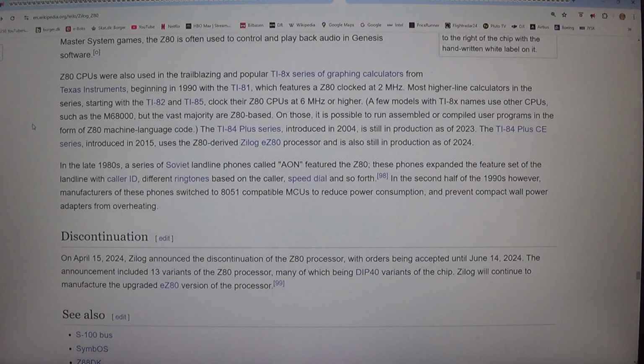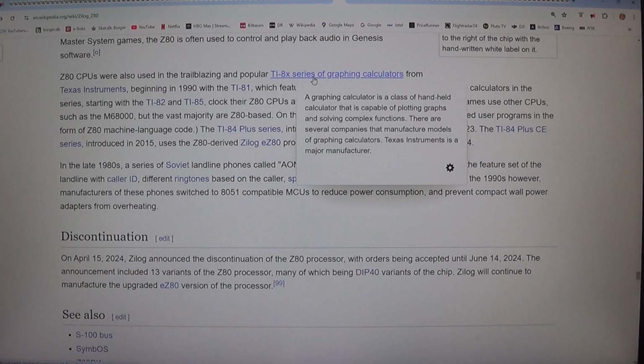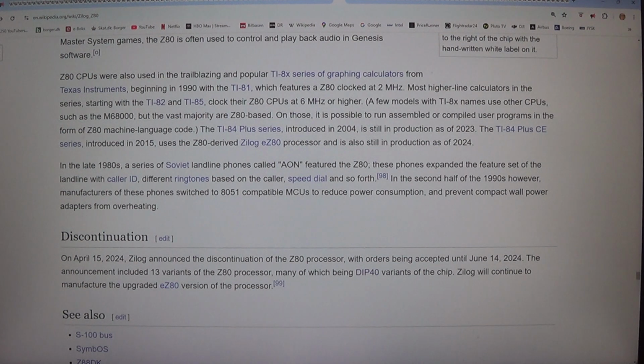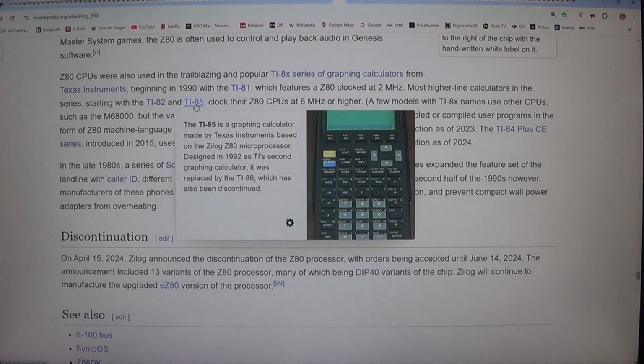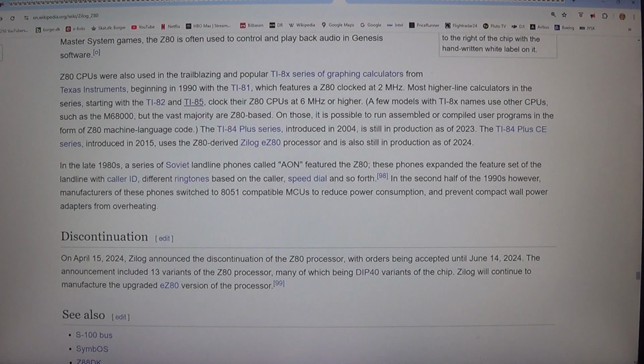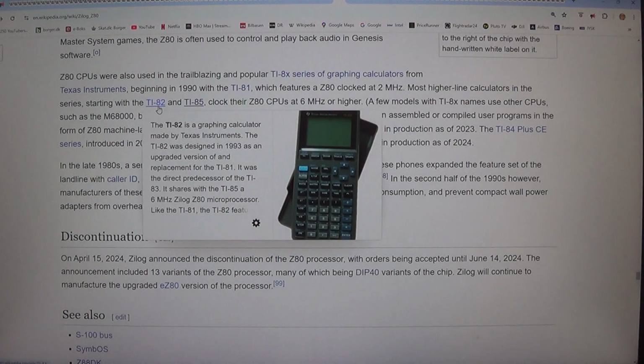Z80 CPUs were also used in the trailblazing and popular TI-8x series of graphing calculators from Texas Instruments, beginning in 1990 with the TI-81, which features a Z80 clocked at 2 MHz. Most high-line calculators in the series, starting with the TI-82 and TI-85, clock their Z80 CPUs at 6 MHz or higher. A few models with TI-8x names use other CPUs, such as the M68000, but the vast majority are Z80 based.